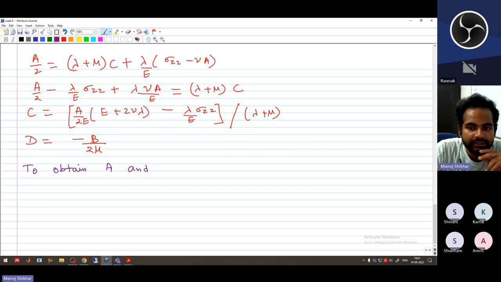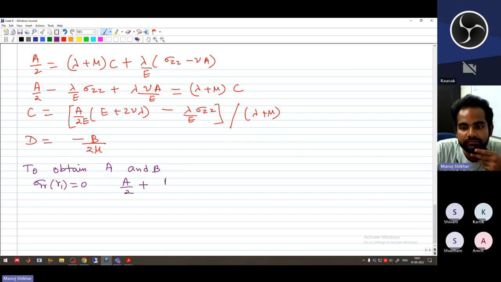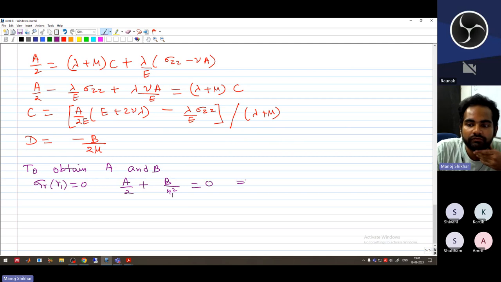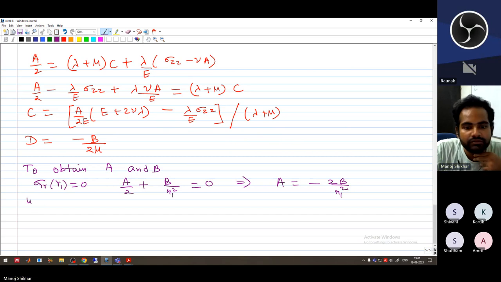So to obtain A and B, we will use sigma RR at R1 equal to 0. So A by 2 plus B by R1 square equal to 0. So from here we get A equal to minus 2B by R1 square. The other expression is UR at R2 equal to 0.